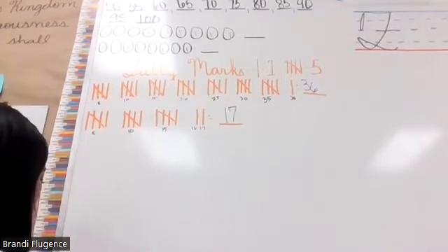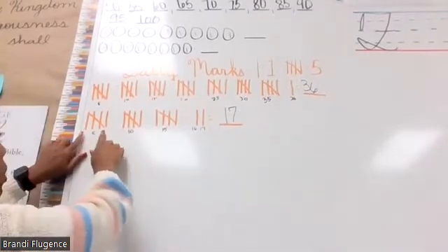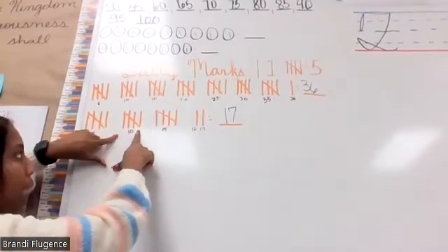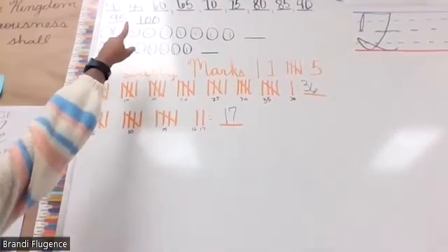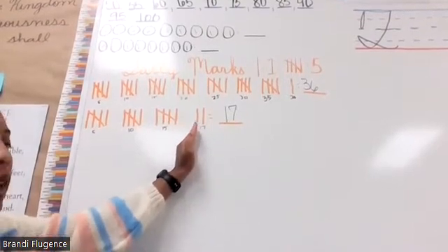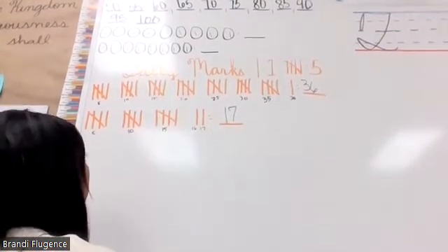Okay, let's try one more. Okay, so when there's a cross like this, you count by 5s. We have the 5 pattern up here on the board. Then when you get to the singles, wherever you stopped with 5s, you then start counting by 1s. Let's try one more.